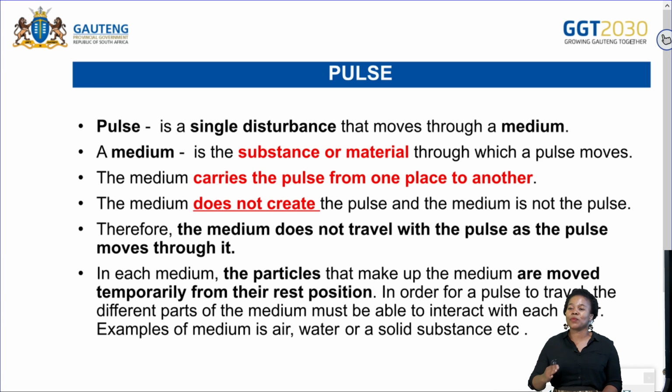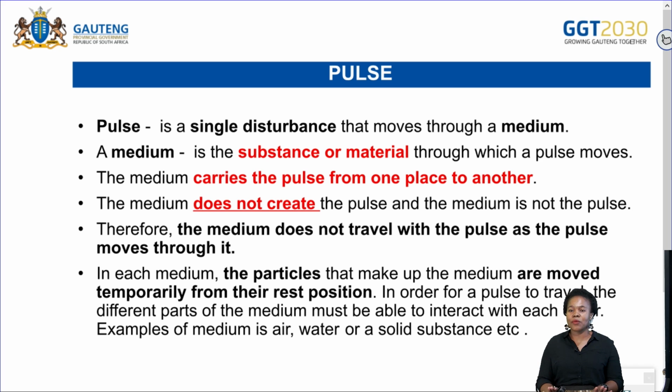The pulse is moving on its own, and it uses the medium as a means of moving from point A to point B. Okay, in each medium, the particles that make up the medium are moved temporarily from their rest position. Okay, so before you even threw a stone, everything was at rest.